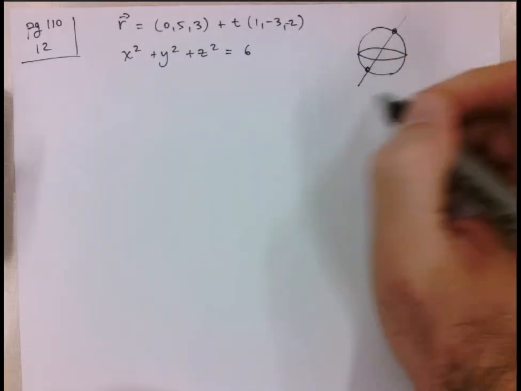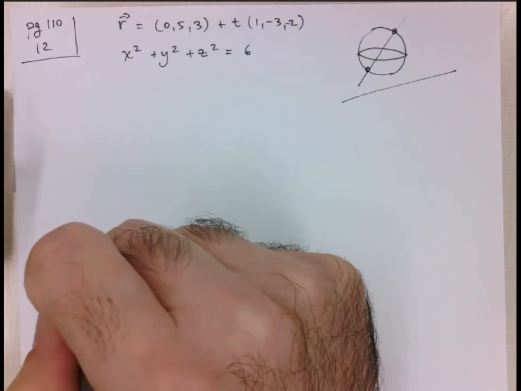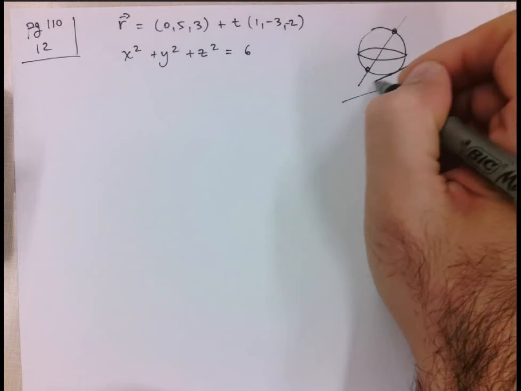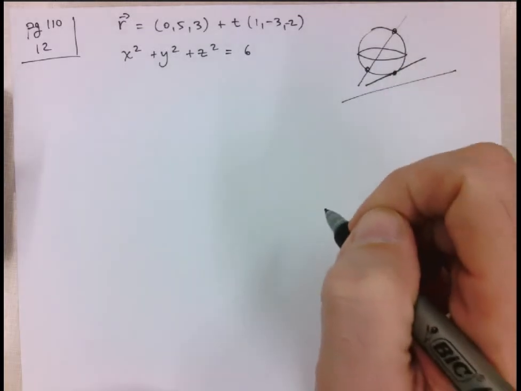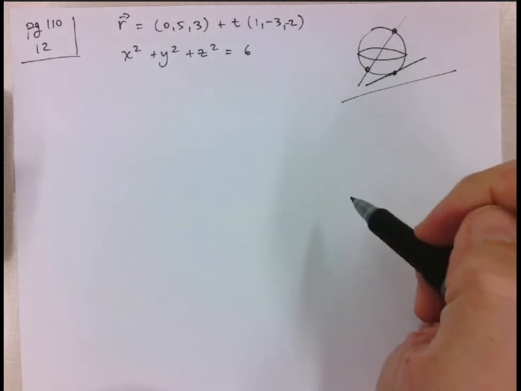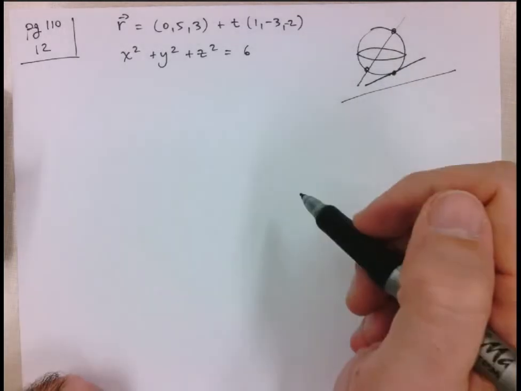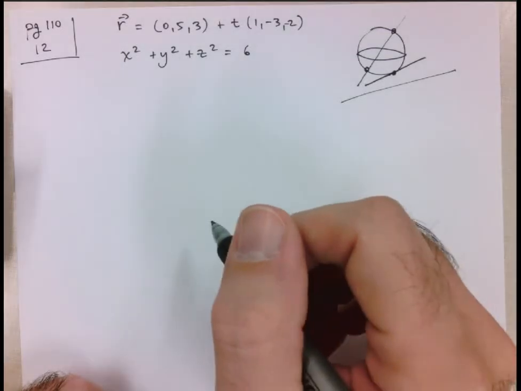The line might not go through the sphere at all, so there might be 0 points of intersection, or it could be tangent to the sphere, in which case you would have just 1 point of intersection. So even before starting, I know that I might have 2, 1, or no solutions, and that should make me think about solving quadratic equations. I shouldn't be surprised if in this process I have to solve a quadratic equation.